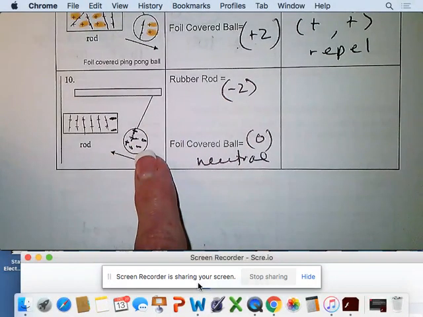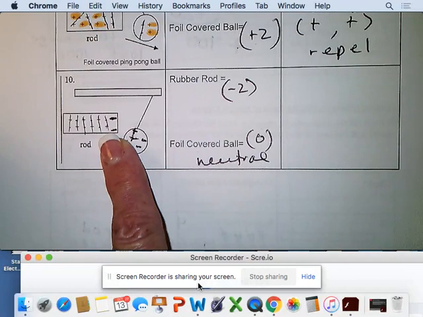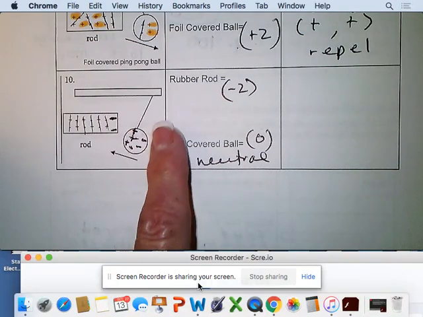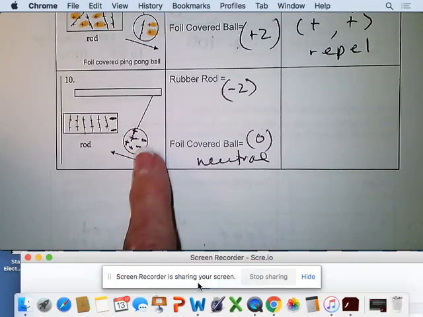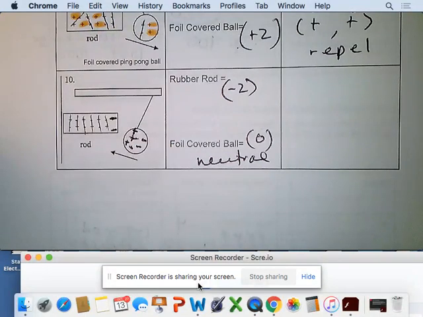Can you tell what I've tried to show on here? The opposites are attracting. Even though this is neutral, what will happen if you have a negatively charged object is that if the other object is neutral, the charges will be pushed around, because electrons are orbiting the nucleus in atoms and they can be pushed to the opposite side.